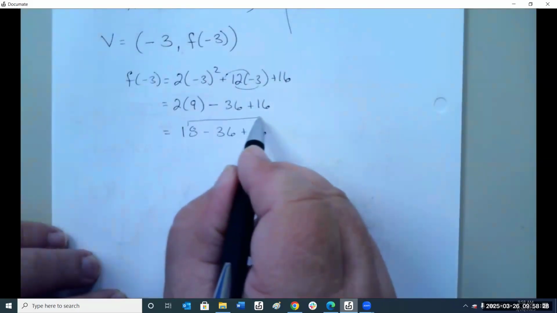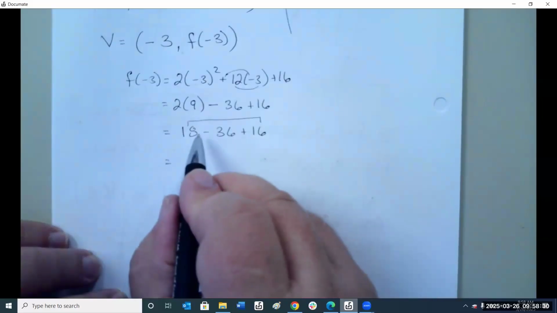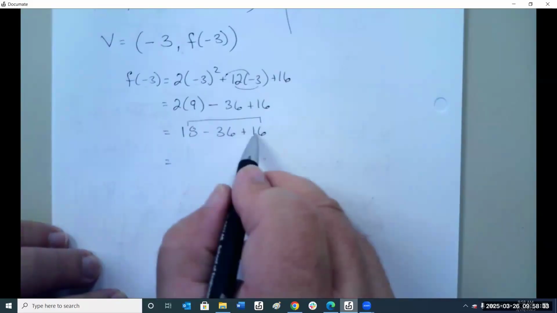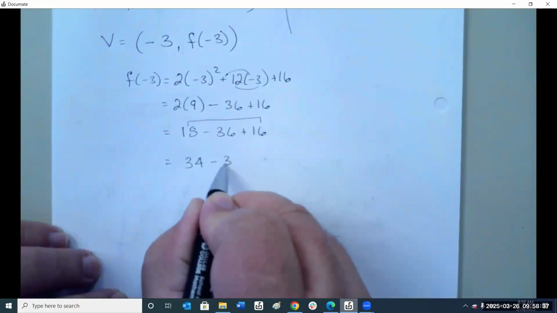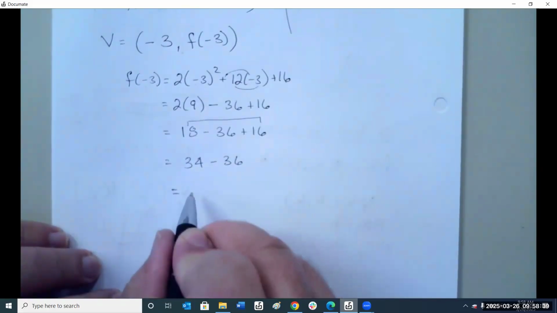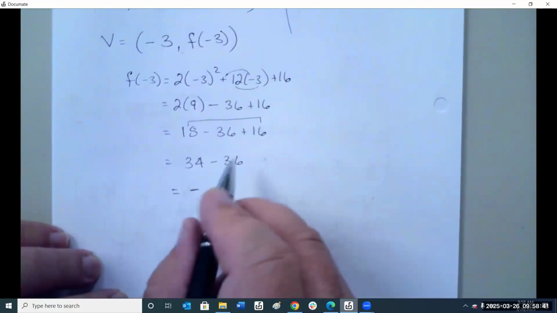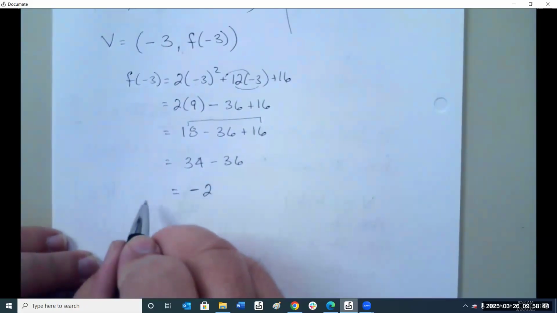So I can combine 18 plus 16 is 34 minus 36. Since 36 is bigger, it's negative. 36 minus 34 is -2.